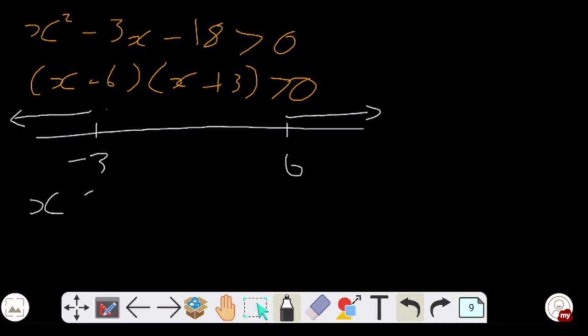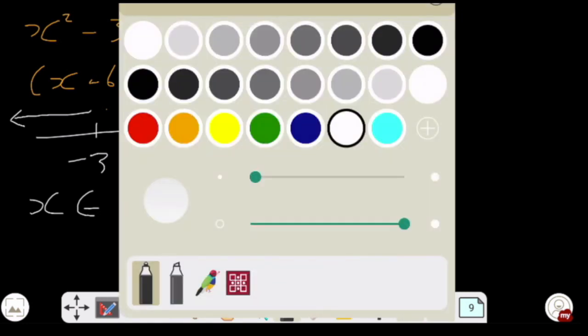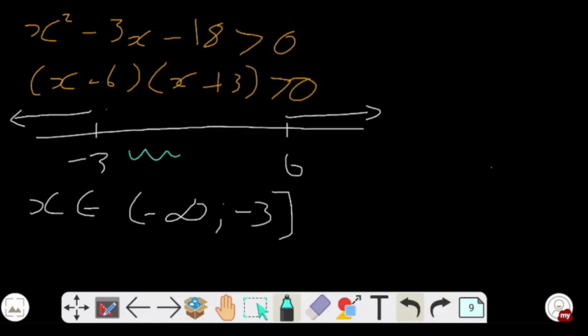Writing this in notation form, we say x is an element of negative infinity and negative 3, and then we close our bracket, because any number which falls on this part doesn't satisfy our value.